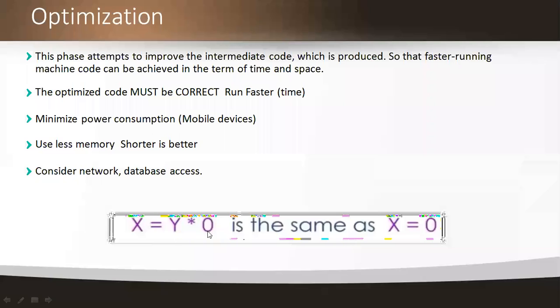In the place of this line, if I use x is equal to 0 directly, then I am improving my code efficiency just by removing the variable y, without changing the meaning of the code. Whatever result the line x is equal to y into 0 gives after executing is the same as if you directly take x is equal to 0.